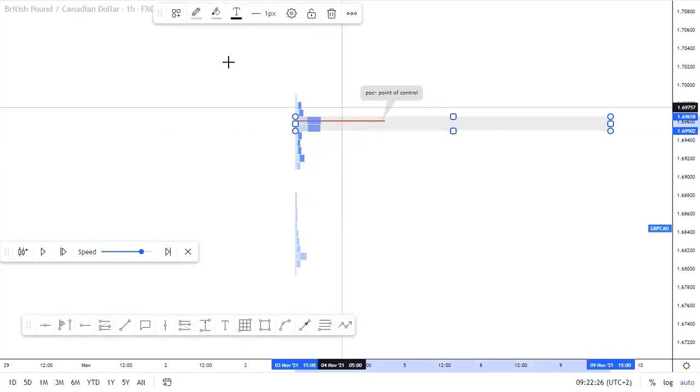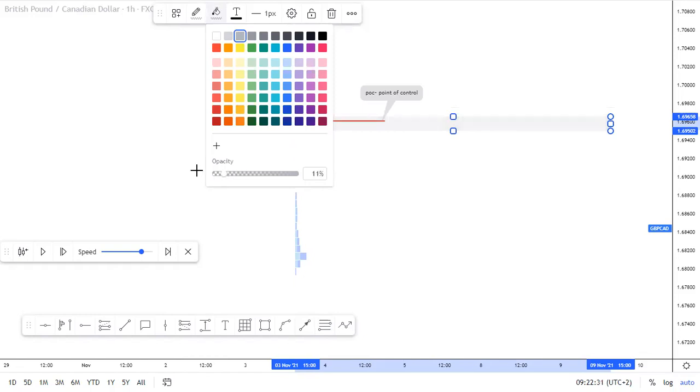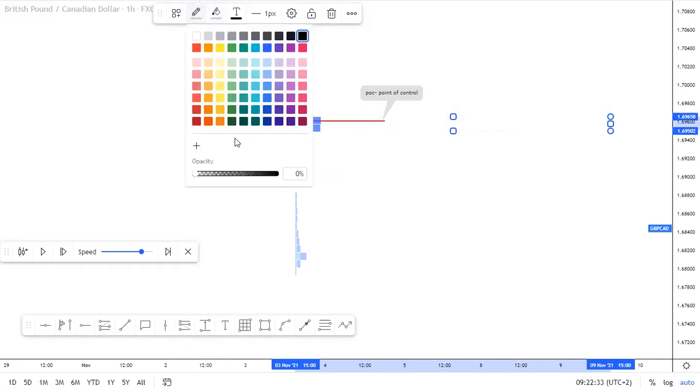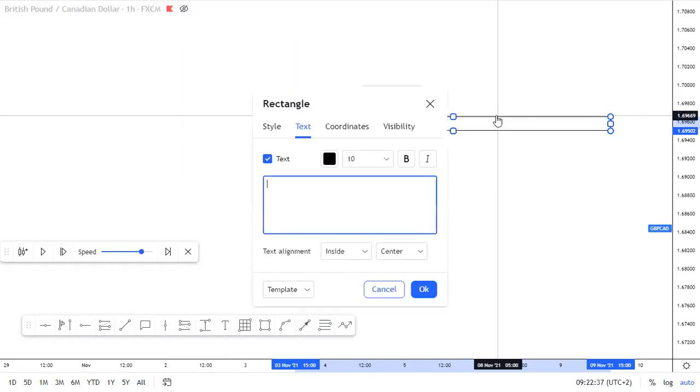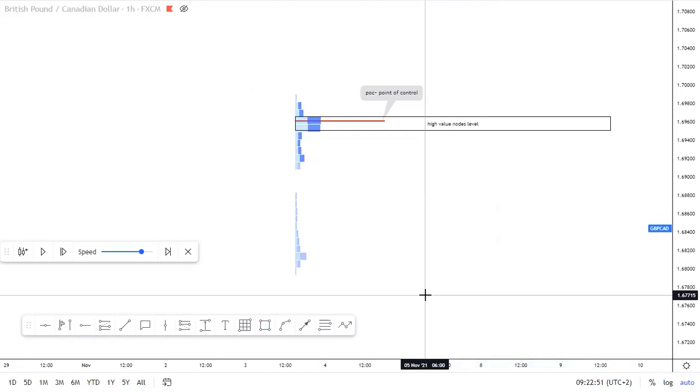You get a point. High value nodes level, that's where we have a high amount of transactions made in the market.